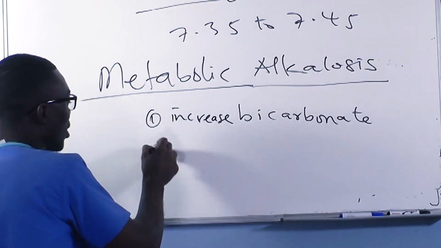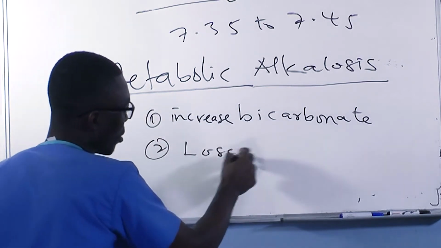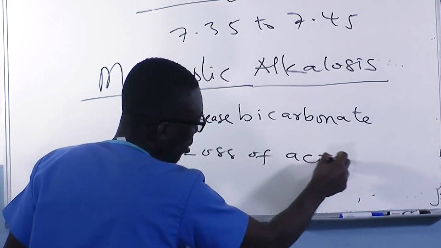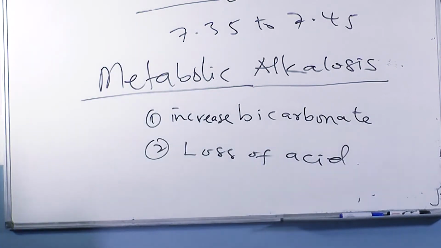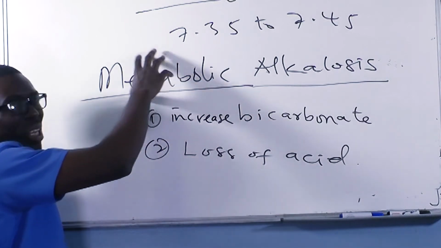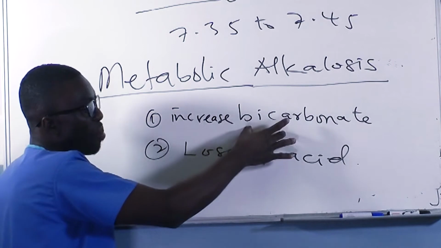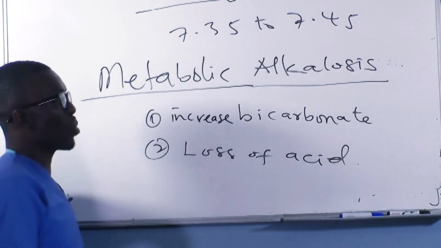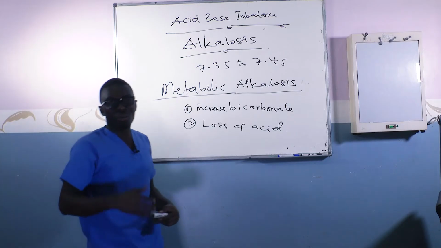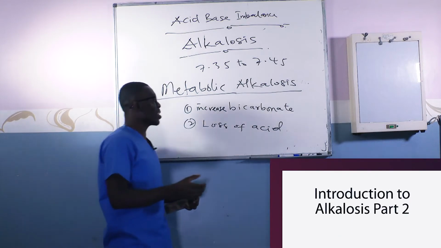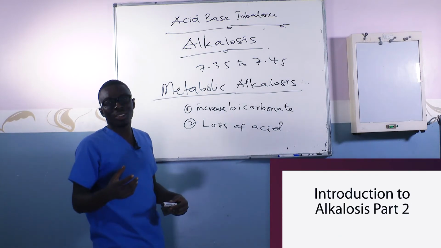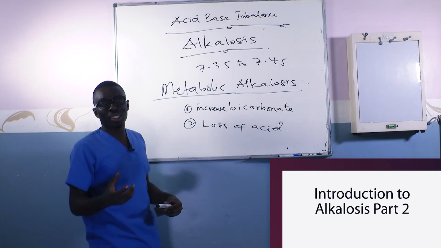Okay, so this is one, then two, loss of acid. So if a metabolic activity occurs and it leads to an excessive increase in bicarbonate, then we term it as what? Metabolic what? Alkalosis.